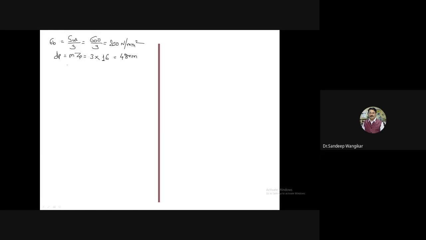Here only the pitch circle radius, PCR, for pinion, I am taking as the data required for further things. I will call it R1 or RP, is equal to 48 divided by 2, is equal to 24 millimeter. This is the pitch circle radius for pinion.